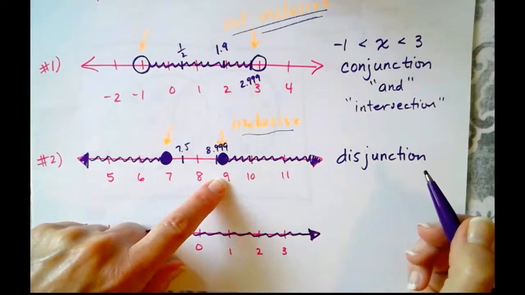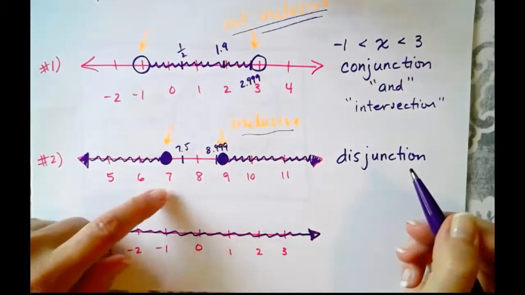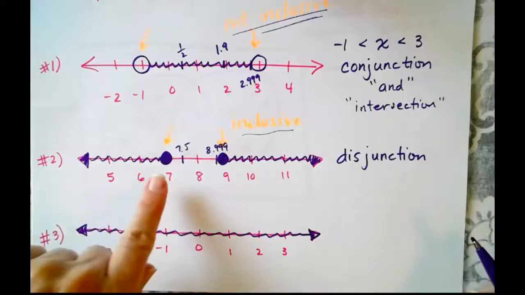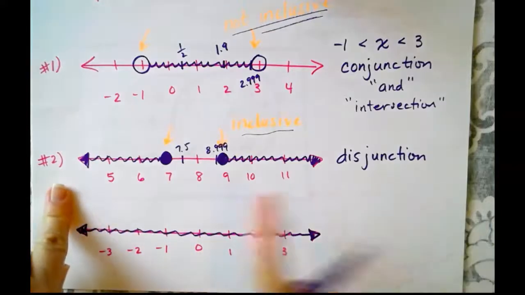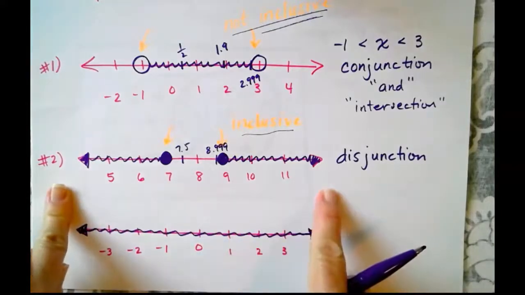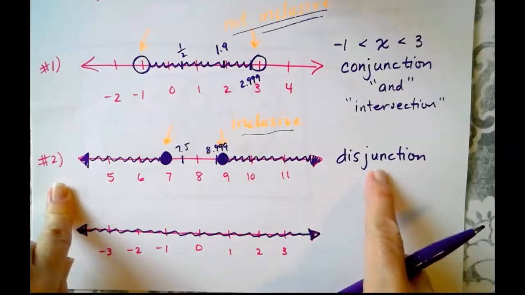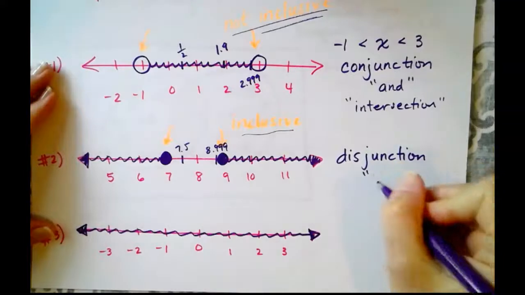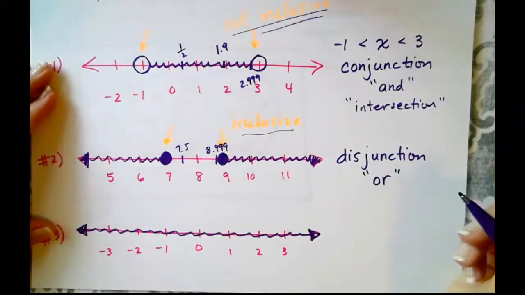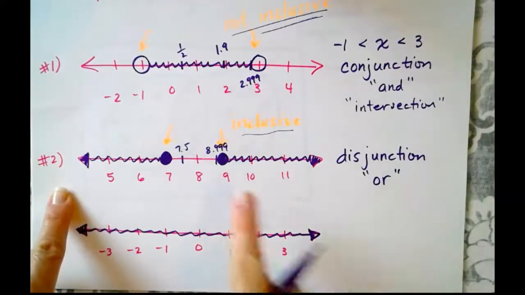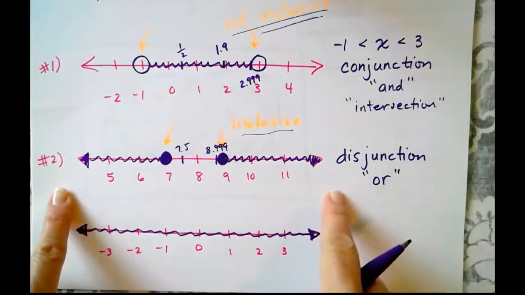That filled circle shows inclusivity. 7 is in our solution set, and everything less than 7, everything greater than 9, those numbers are in our solution set. Because this is a disjunction, we would use the word or. Our answers exist less than 7 or greater than or equal to 9.